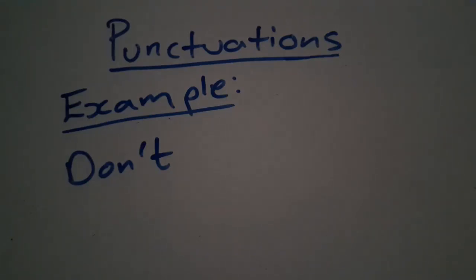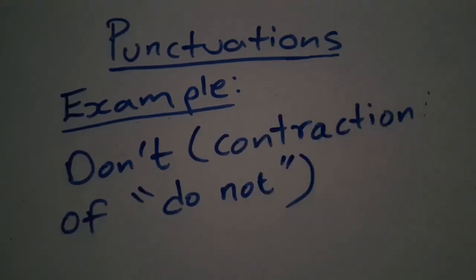Contraction is all about cutting words. So don't is a contraction of do not. And this happens especially when talking. People tend to be economical with words every time they speak. Instead of saying do not, they just go ahead and say don't.